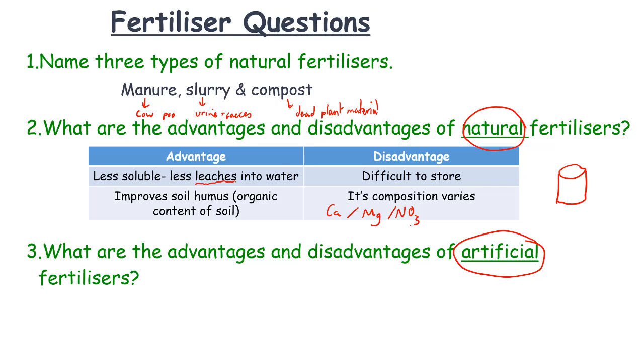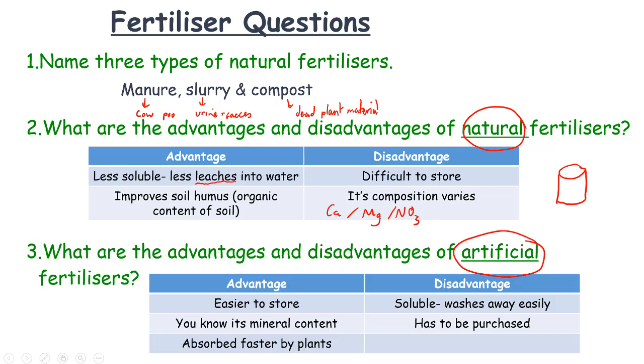So what some farmers will tend to use instead is artificial fertilizers. And what you'll notice here is that the disadvantages of natural fertilizers are pretty much corrected in the advantages of artificial fertilizers. So artificial fertilizers basically come in a little sack with little white pellets, and you simply just go and spread them on your field.